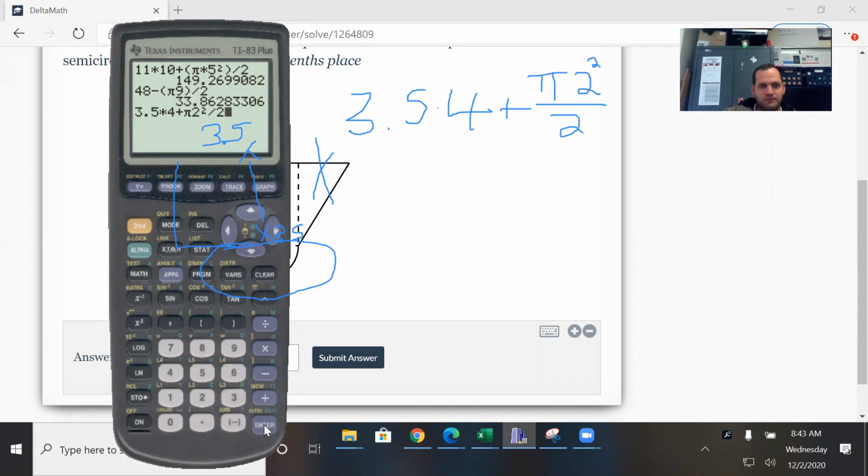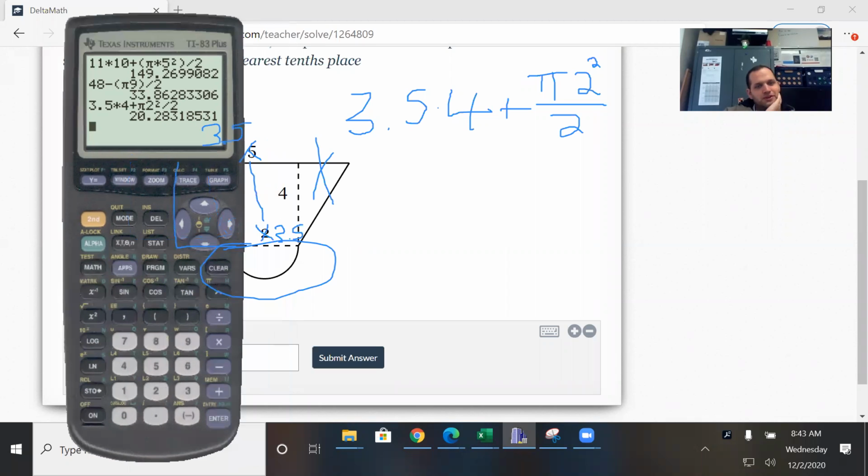It gives me 20.3. Let's see if that's right.